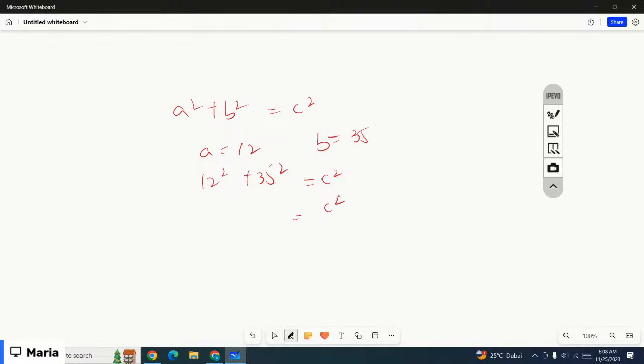That gives c equals 37. The distance he has to cover is 37 feet, right?